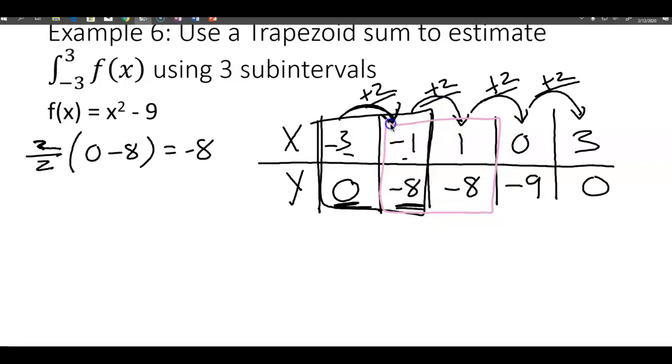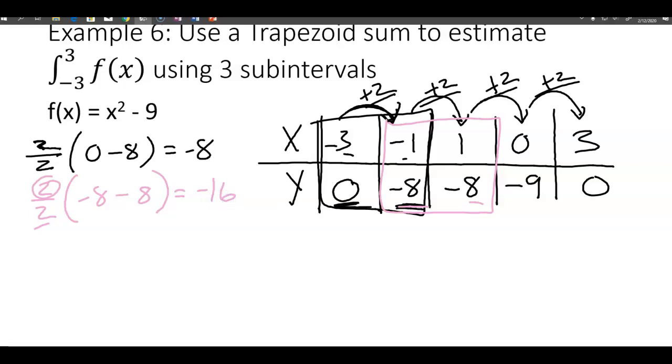Here we have, once again, a height of 2 divided by 2, right? You always take the height and divide it by 2. And then the 2 bases for that one are both -8. So that would be -16.